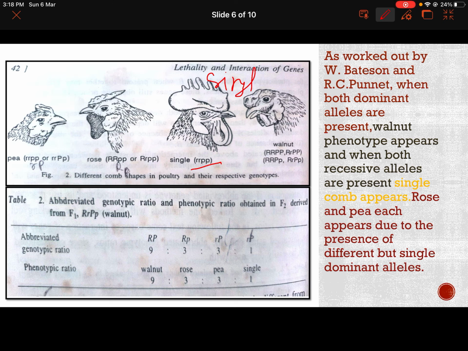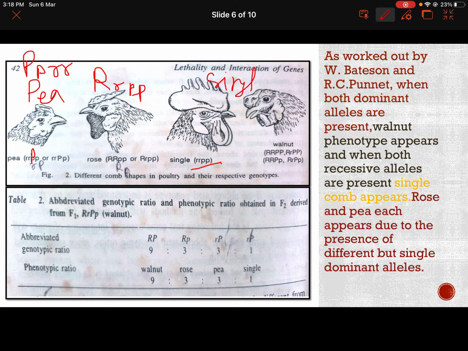Here, this is pea shape, one capital P is present, but R is recessive. In rose, R is present in dominant form, but P is not present in dominant form. Here P is present in dominant form at least, but R is present in recessive allele. Here both are recessive, that's why it's single.